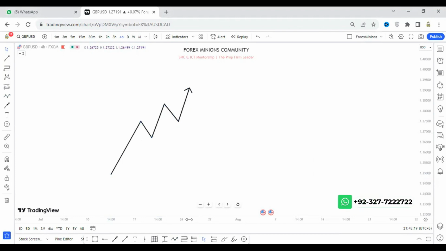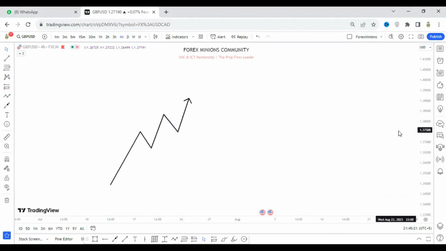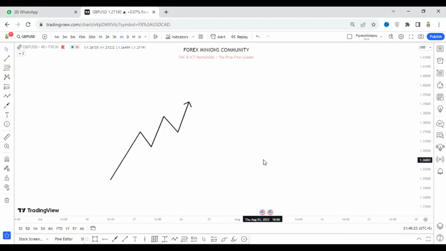For the time being, you are asking about scalping. Let me tell you how to find a scalping setup. First, you need to find the trend. At least you must find the trend on H4. Let me type some points here.